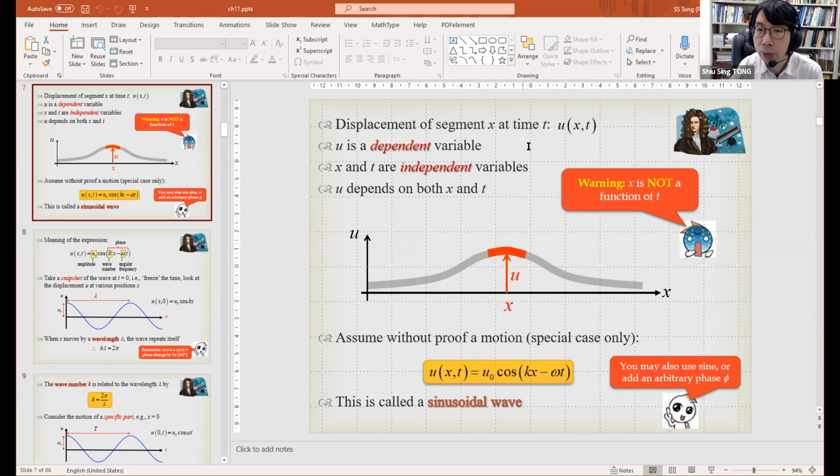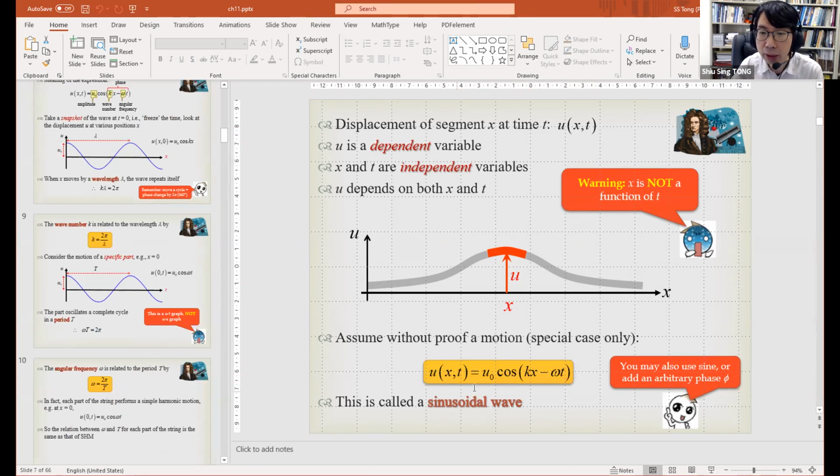We write u as a function of x and t. x is a certain position on the string, and t is an arbitrary time during the travel. So x and t are independent of each other. You can choose to look at the string at a particular position and at a particular time. We write the sinusoidal solution in this form: u naught cosine of (kx minus omega t).